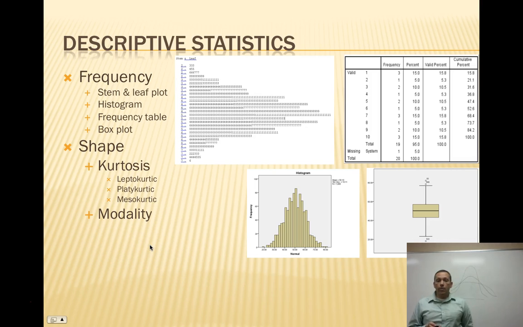Okay, we can also talk about modality. When we talk about modality, we're talking about how often a value occurs, or what is the frequency of the most frequently occurring value. So for instance, we can have uniform. When we talk about uniform, we're saying that the data roughly occur with the same frequency.